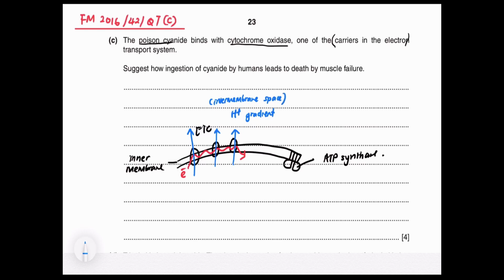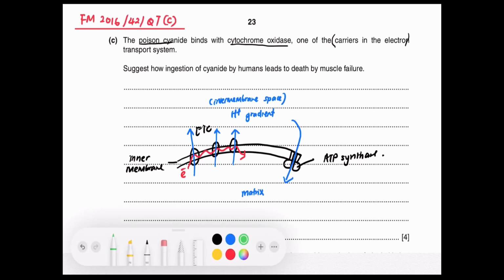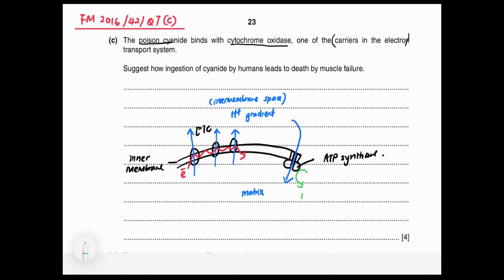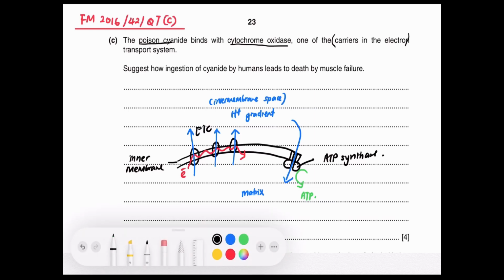When H+ has accumulated in the intermembrane space, it will diffuse down the concentration gradient through the ATP synthase, where there's a channel inside, and the energy is used to synthesize ATP. So this is how oxidative phosphorylation produces ATP.